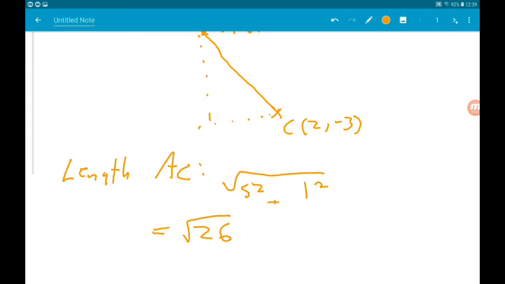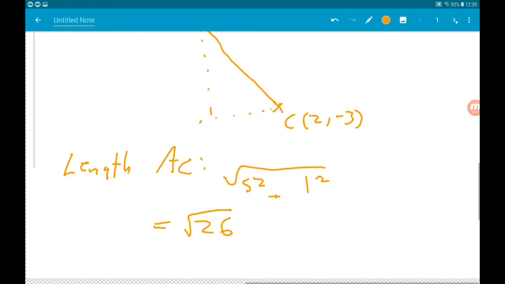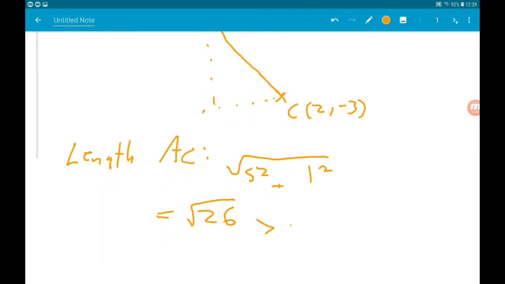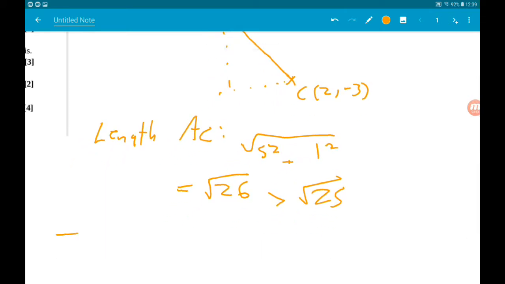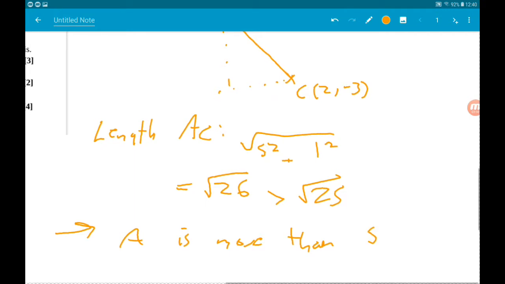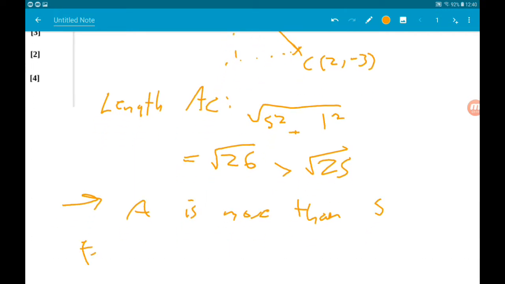Now that is greater than root 25. Therefore, A is more than 5 from the centre so is outside of the circle.